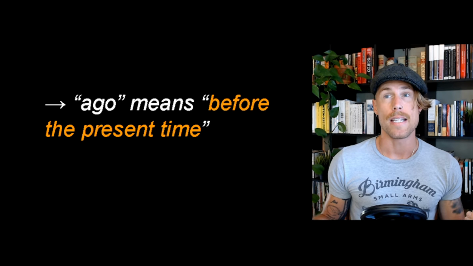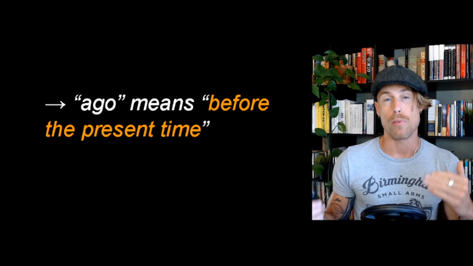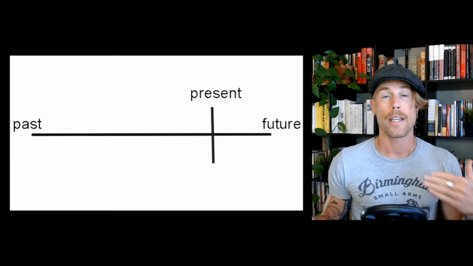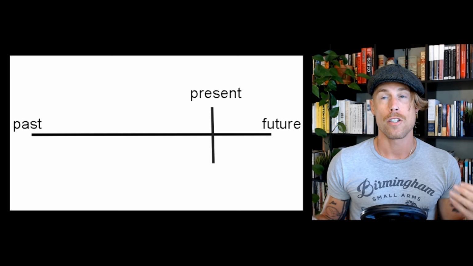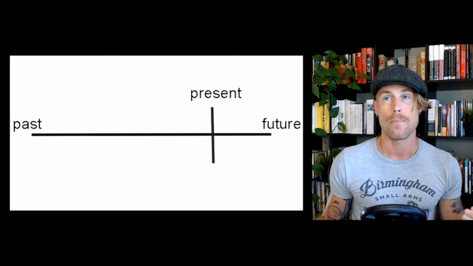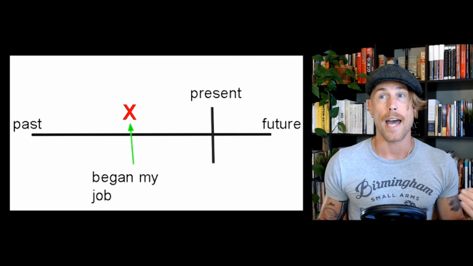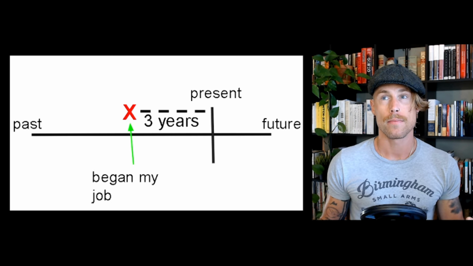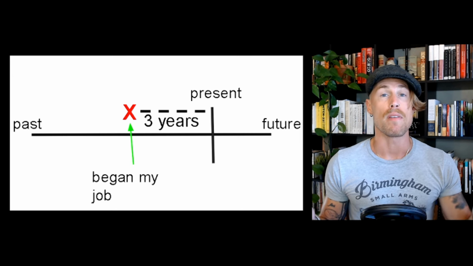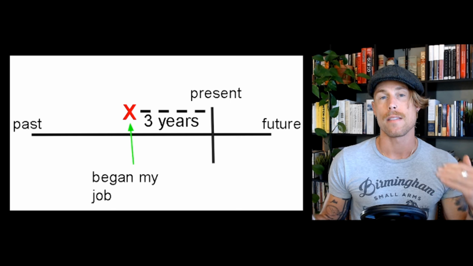Ago means before the present time. Here we have a chart about time, past, present, and future. I began my job 3 years ago, 3 years before the present time.